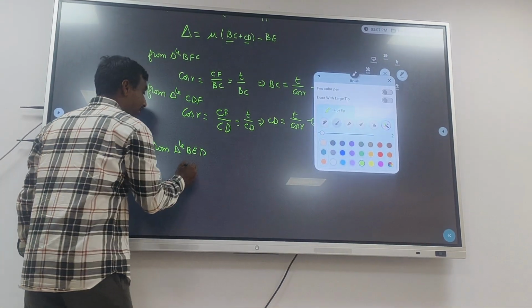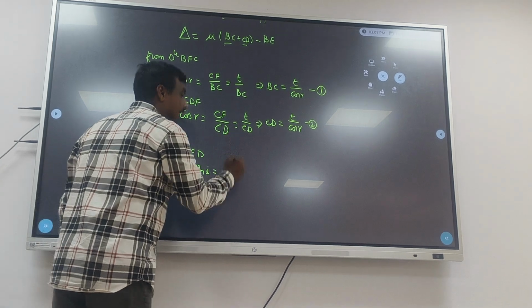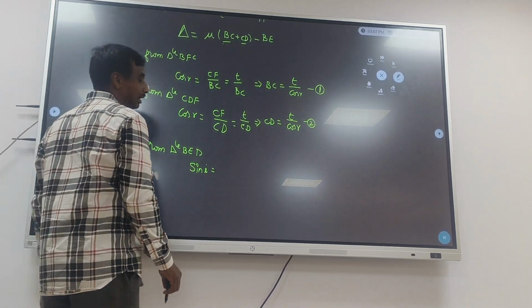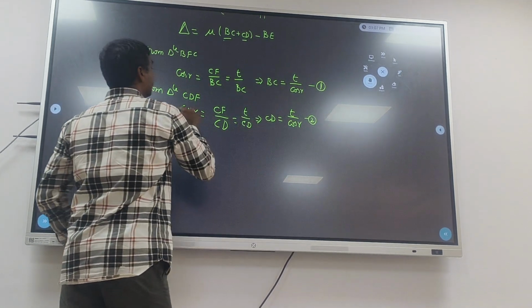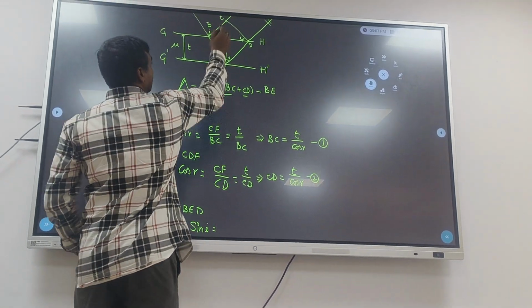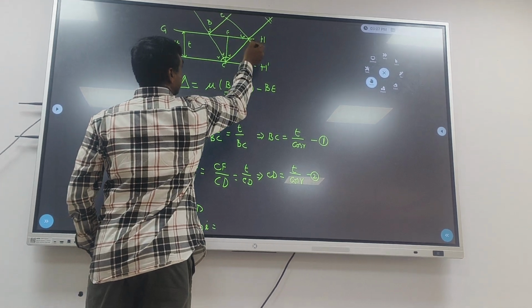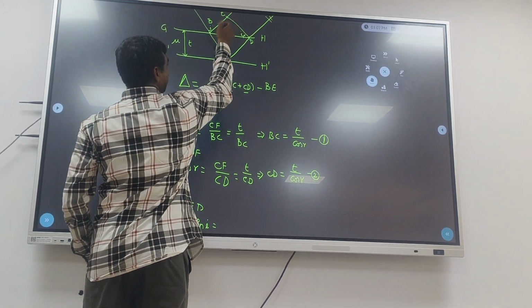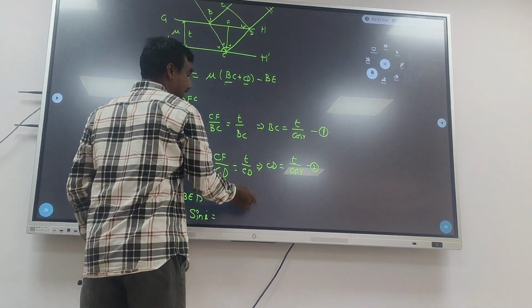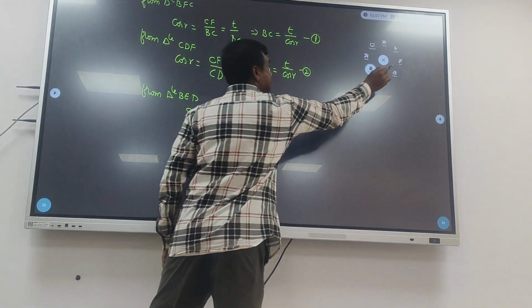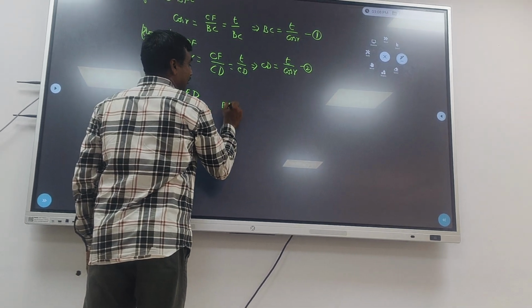Sine i is equal to opposite side by hypotenuse. Opposite side is BE and hypotenuse is BD. So sine i is equal to BE by BD.